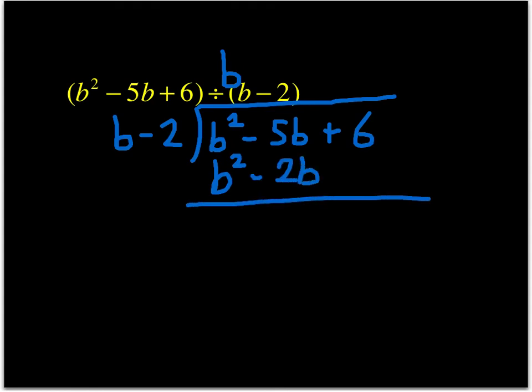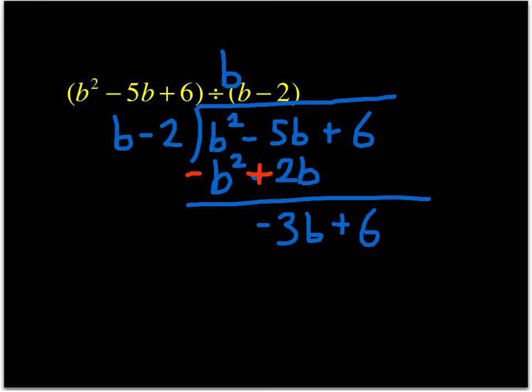Now I'm going to do a little subtracting once again. When I subtract, I like to change my signs, so now this is going to turn into a plus sign because I changed it. And then my b squareds cancel out. Negative 5b plus 2b is negative 3b. And then there's the plus 6 again.